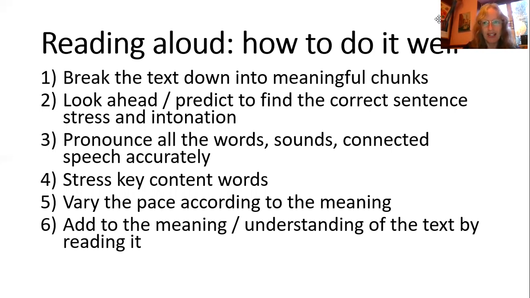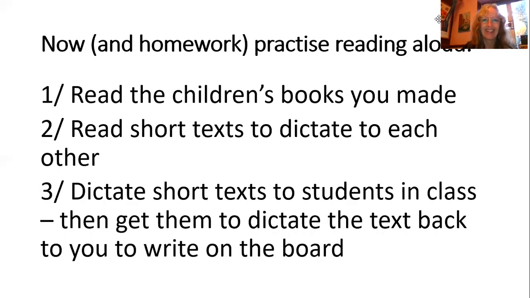So that's how to do it. You can take a picture of this screen or go back to this later because you're going to have to do it. I want you to do this now for the rest of the class and for homework. I want you to read aloud and practice doing it really well.